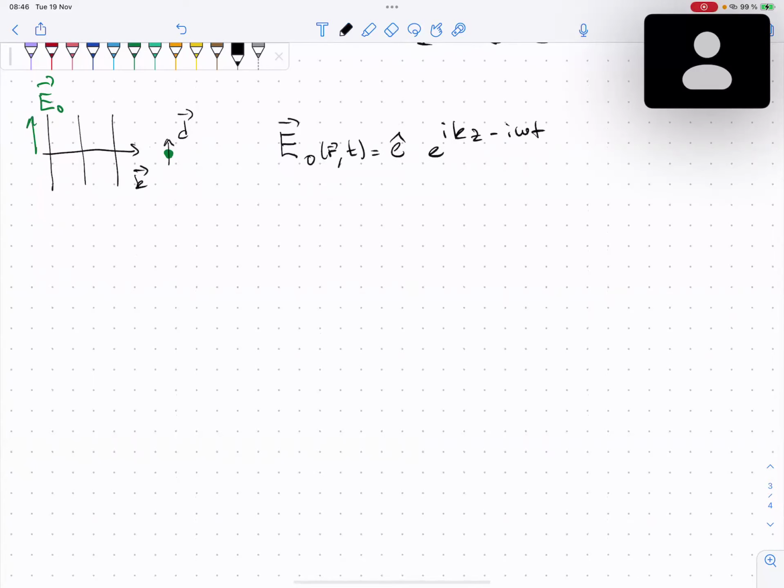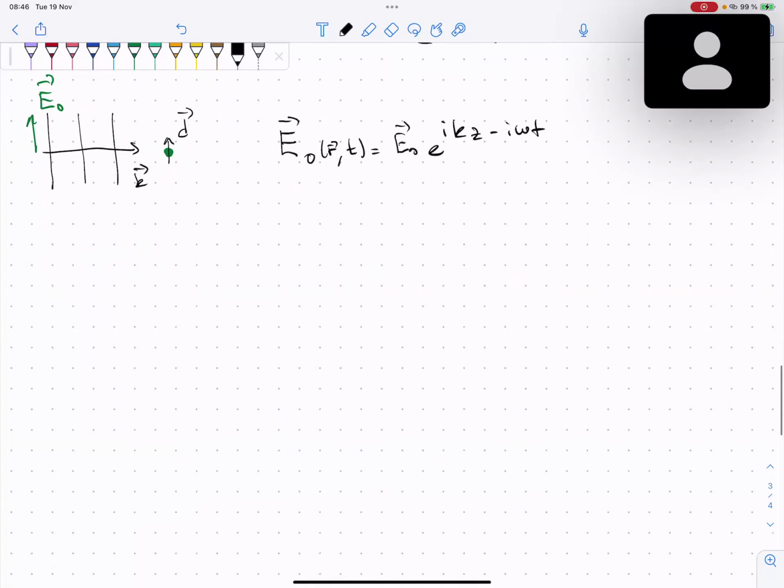We can even write it like this, but I will still write it like this for generality. So we know that the dipole moment of this particle will be equal to the polarizability of the particle multiplied by E0 multiplied by exponent minus i omega t.